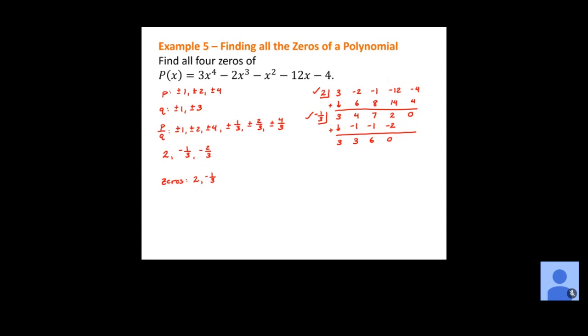Right, now, those are the only 2 places it looked like it crossed, right? So what are we going to do at this point? Because we know there should be 4 total zeros. Okay, so let's look at what we've got so far. What are the factors we know so far?